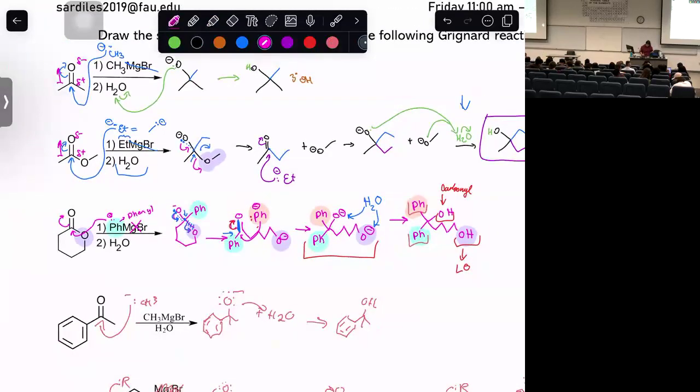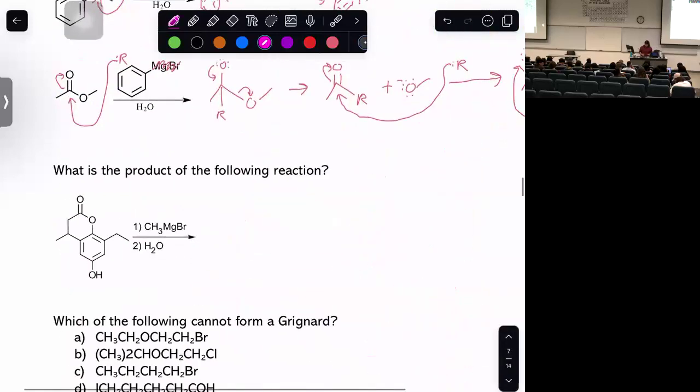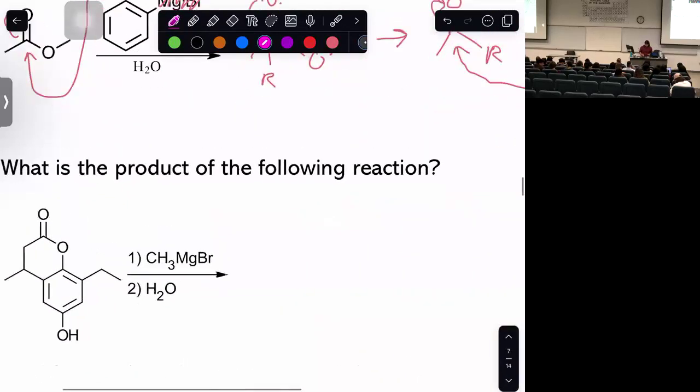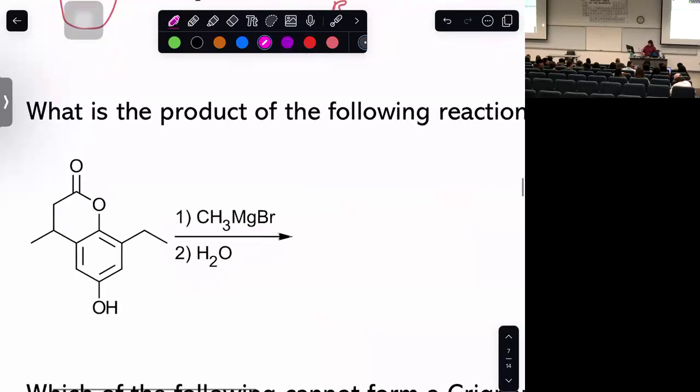Okay, no. Let's go through a practice run that you might see on the exam. Can someone show me the mechanism and the product for this one? Volunteer. No reduction? What do you think?